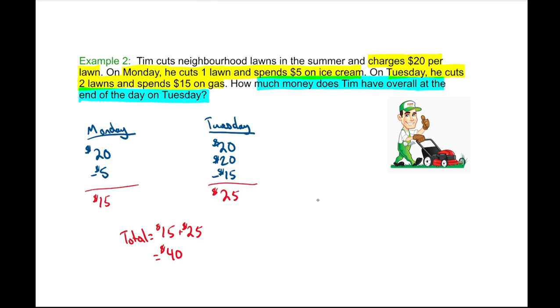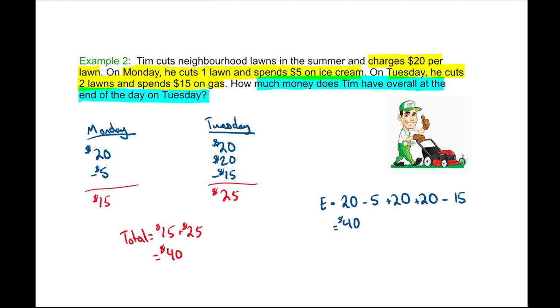So in this case, we could say earnings, or E, equals $20 minus $5 plus $20 plus another $20 and then minus $15. And again, from there, we would still end up with our total of $40.